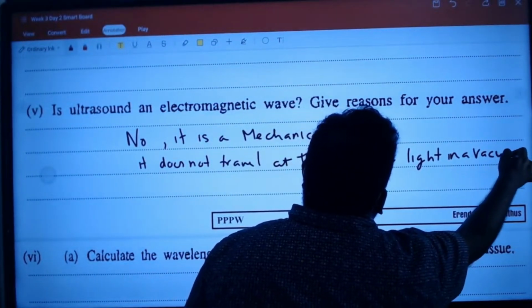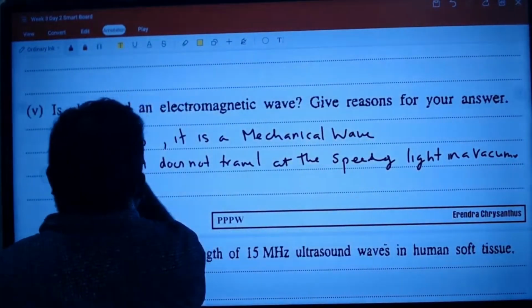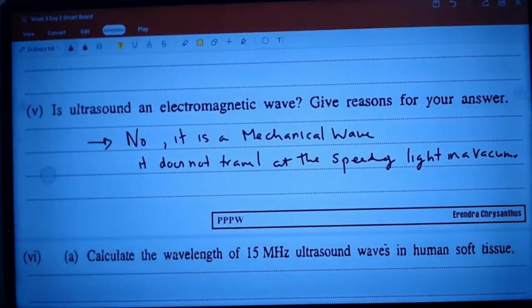That is also a good answer. This one is also okay. No, it's a mechanical wave. It does not travel at the speed of light in a vacuum. Okay.